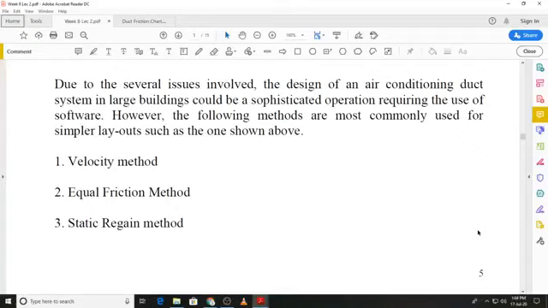However, for simpler layouts like the one that we had looked at, and those are the types of layouts that we will work with in this course, we can use manual methods. For example, the velocity method, equal friction method, and there is a third method called static regain method, which I wouldn't call suitable for manual work because it is an iterative method. So we will restrict ourselves to the velocity method and the equal friction method.